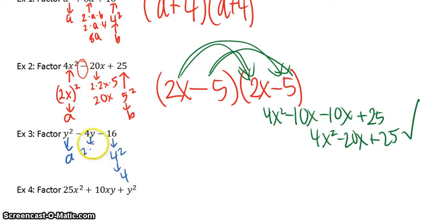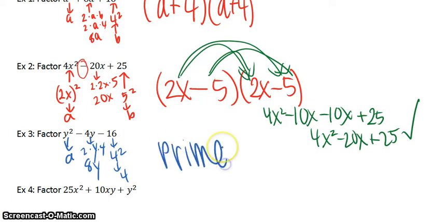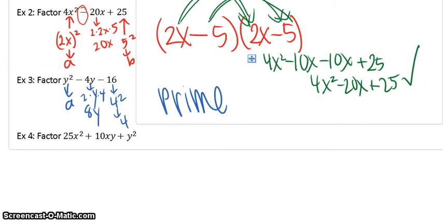Our a is y, and our b is 4, so that will be 8y. Oh, we have 4y up there. So therefore, this does not work. So in our circumstance, this is prime. Again, eventually, you will learn how to do that. But right now, that's what we're leaving it as.